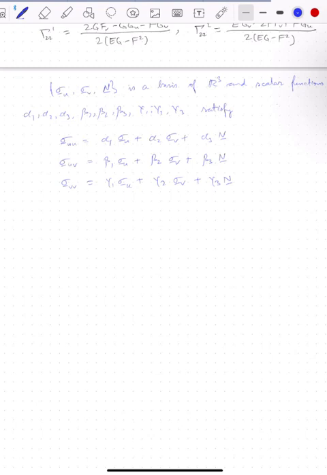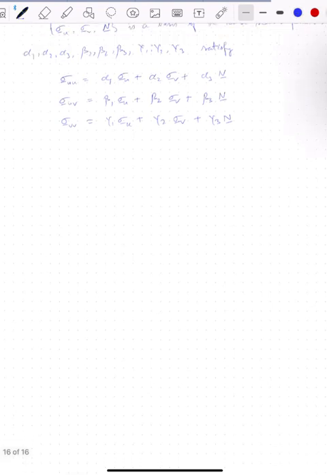Now we move on to a definition, which just talks about parallel transport, right? And I'll just be stating it.